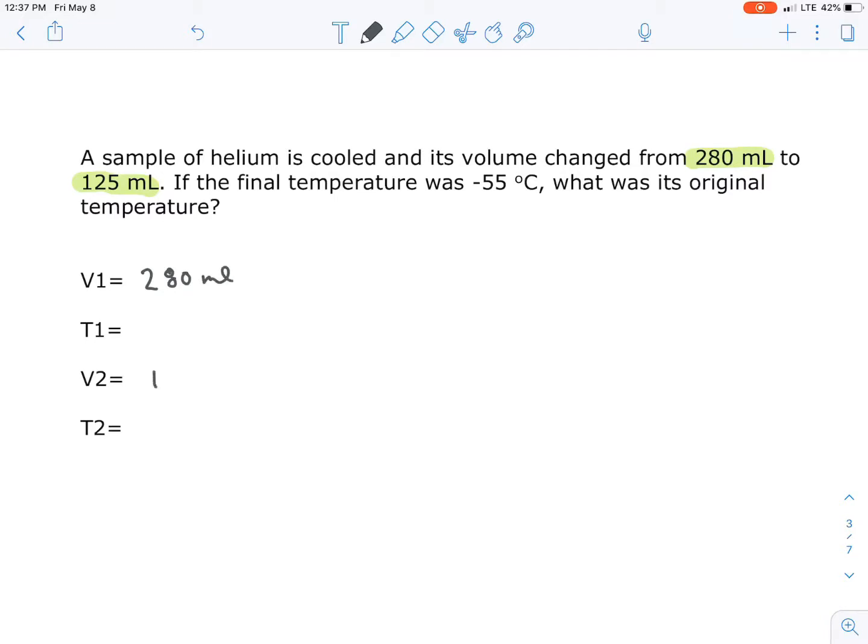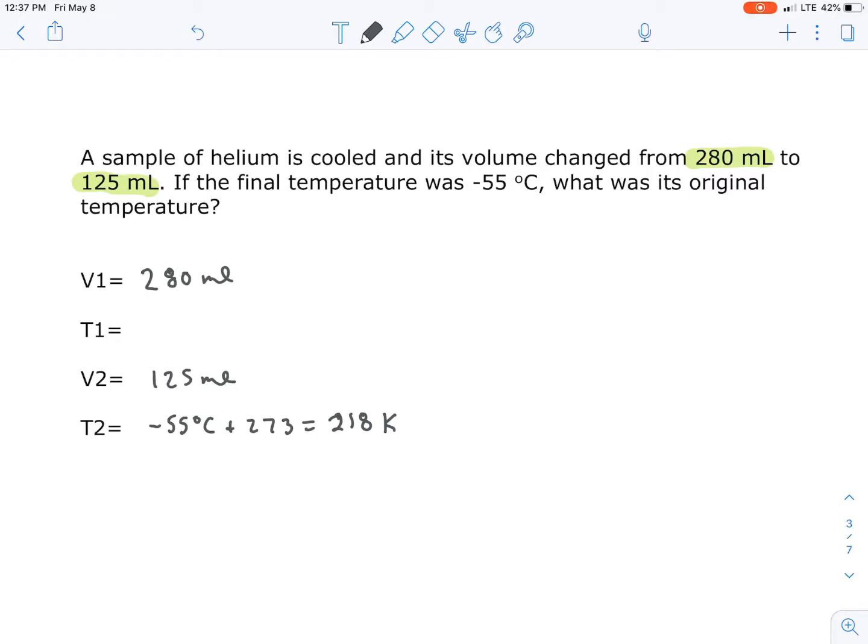And we'll call the 125 milliliters V2. If the final temperature was -55 degrees Celsius. Okay, we will change that. So it's 218 K. All right, there we go.